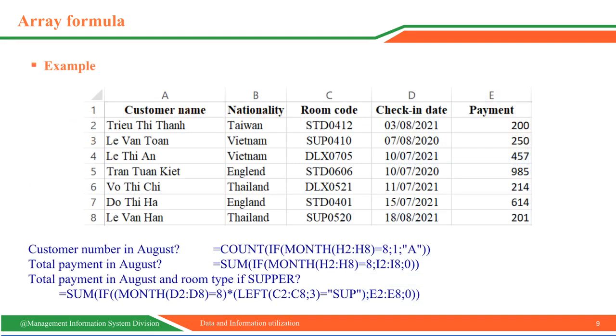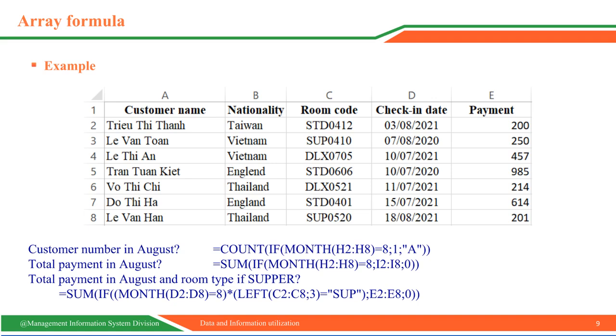Example: for this dataset, determine the guests arriving in August. Use an array formula like COUNT(IF(MONTH(D2:D8)=8, 1)), meaning, if the values in the range D2 to D8 have the month equal to 8, return 1 for the COUNT function. Result: 2.